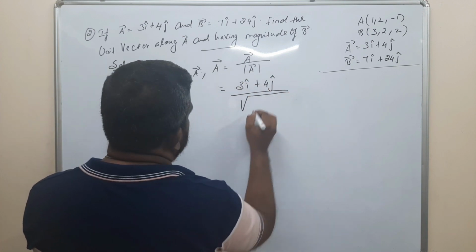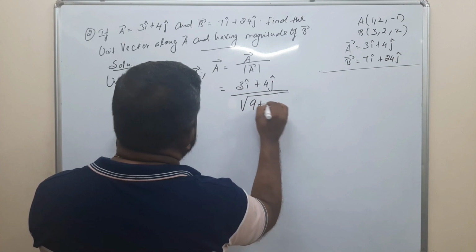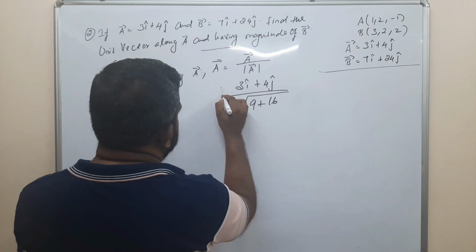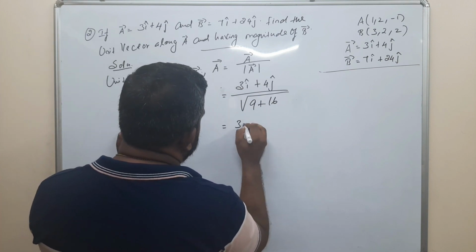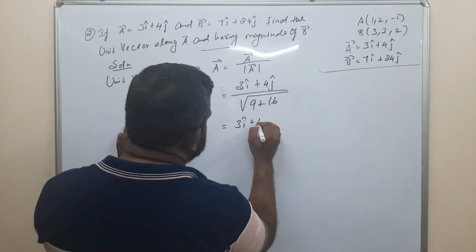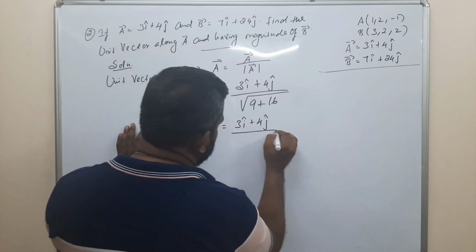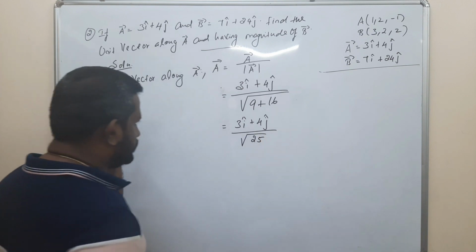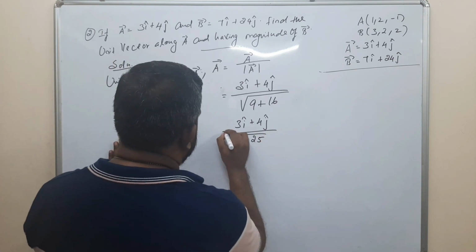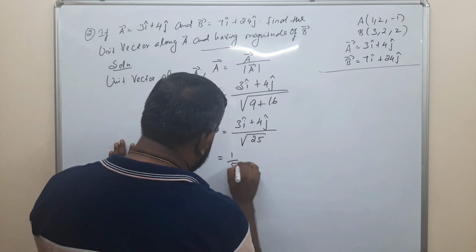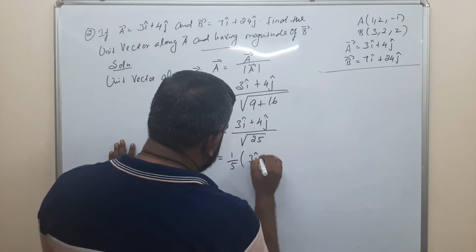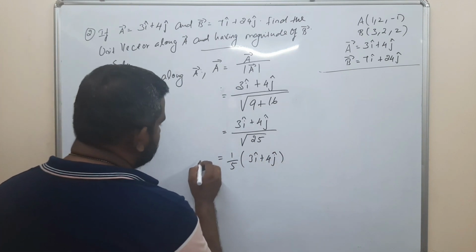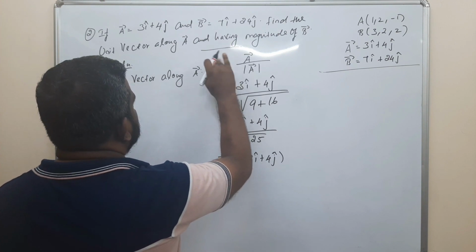Square root of 3 square plus 4 square, that is 16. So that's equal to 3i cap plus 4j cap over root of 9 plus 16, that is 25. So root of 25, that's 5. So that's equal to 1 by 5 into 3i cap plus 4j cap. So here this is A cap.